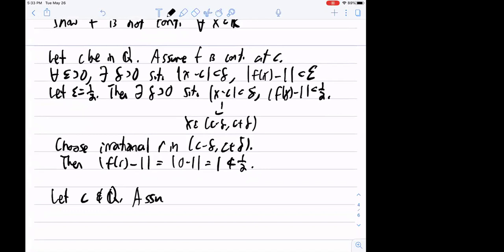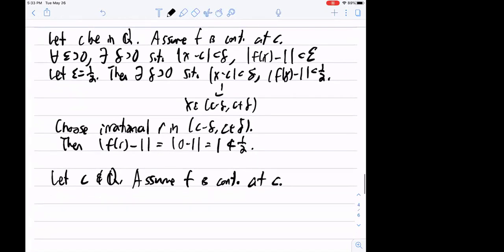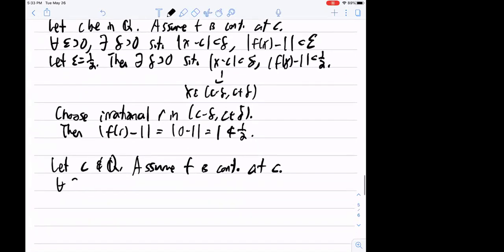Assume F is continuous at C. Then, same thing: for all epsilon bigger than 0, there exists delta bigger than 0 such that if |x minus c| is less than delta, |f of x minus f of c| is small. In this case, what is f of c? C is irrational, so f of c is 0.